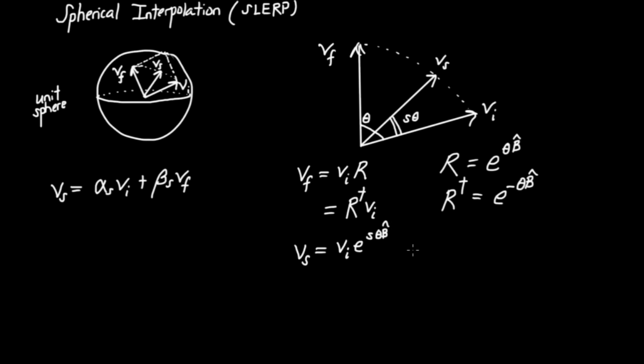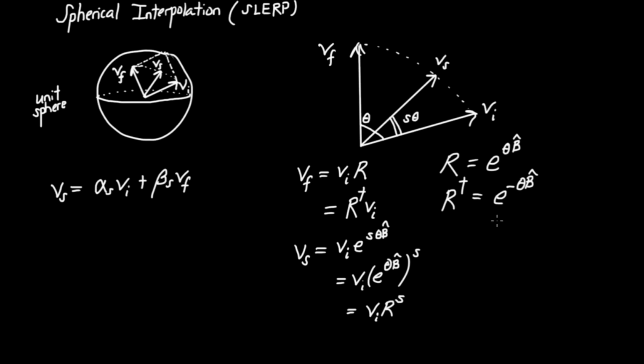Now what's very tempting to do is just write this in the following way: Vi times e to the theta b hat to the s power, which is exactly what I'm going to do. And this e to the theta times b hat was just equal to r. So I can really write Vs as Vi times r to the s power. So this is being operated upon not by the full rotor, but the rotor to the s power.